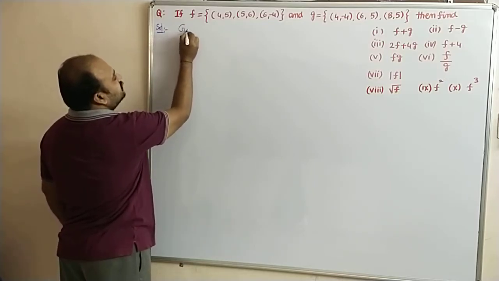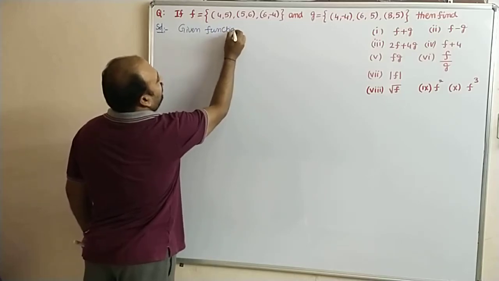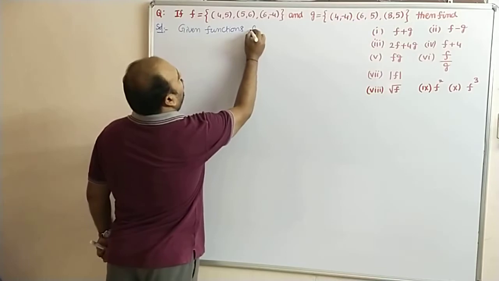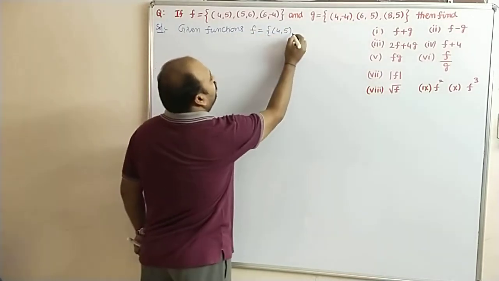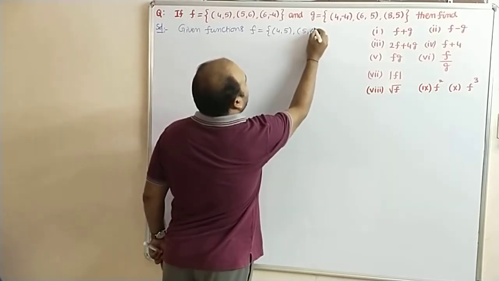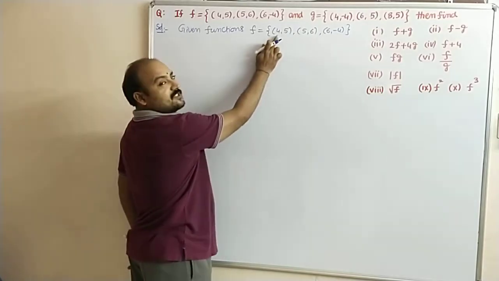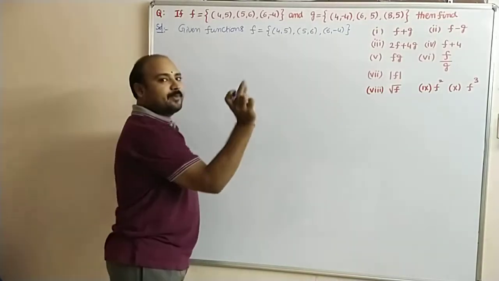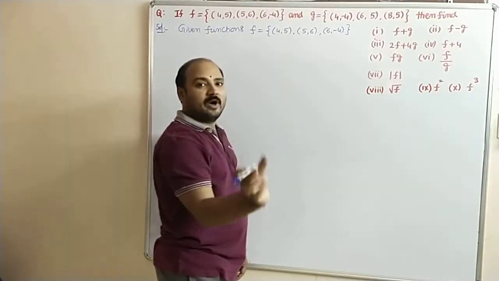Given functions f equals 4 comma 5, 5 comma 6 and 6 comma minus 4. In every ordered pair, the first element represents the domain, the second element represents the codomain.